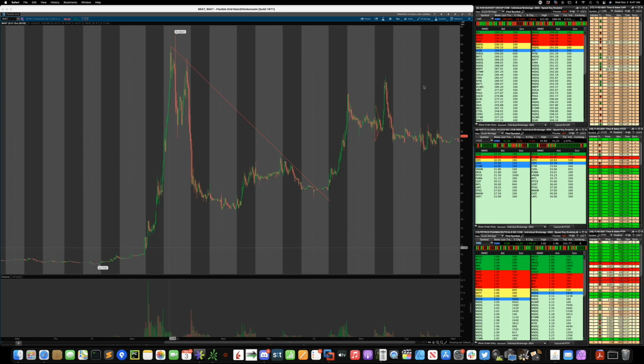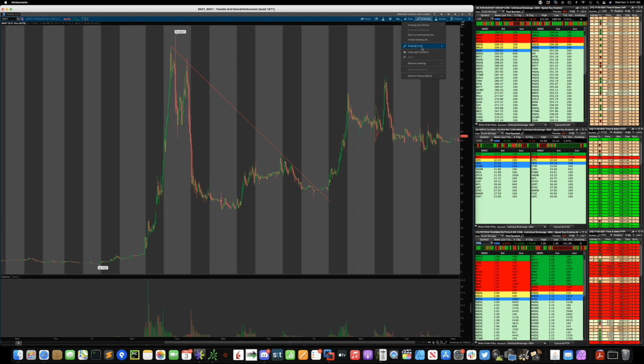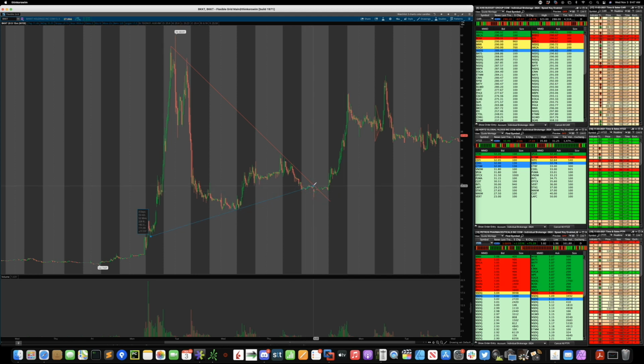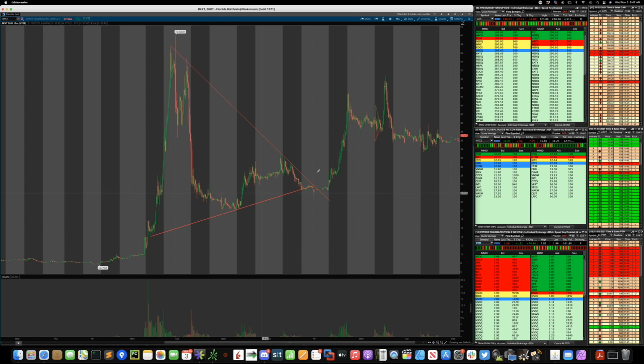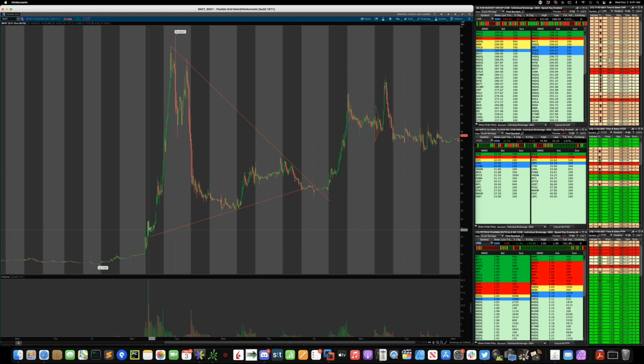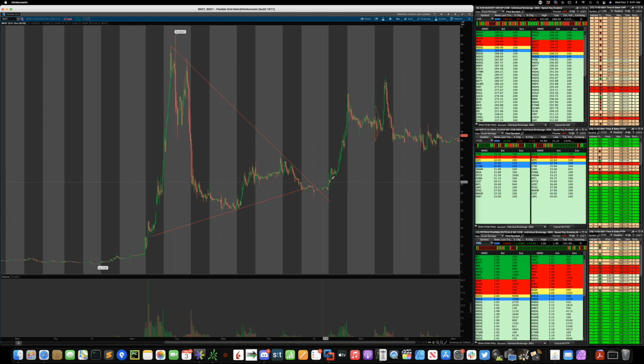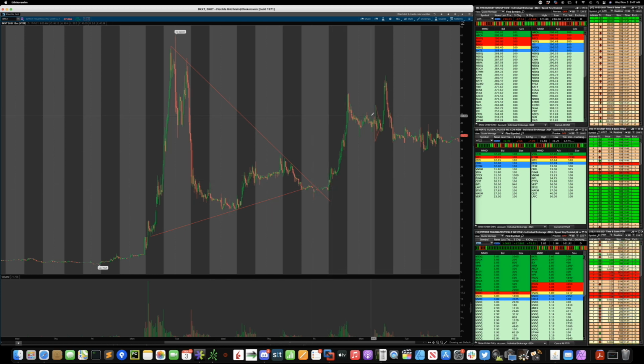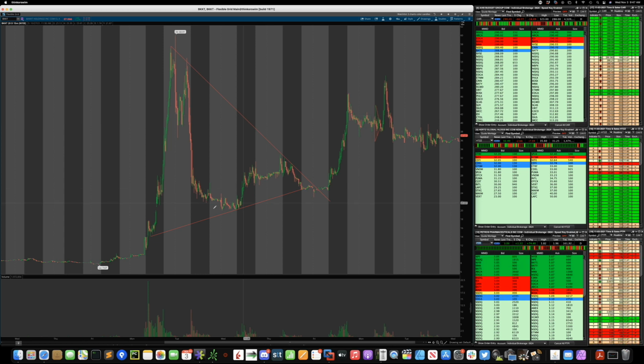And then you're going to have some sort of uptrend. In this case, you would probably draw something like that, kind of from the low of that first move to this low. And so you have this wedge.